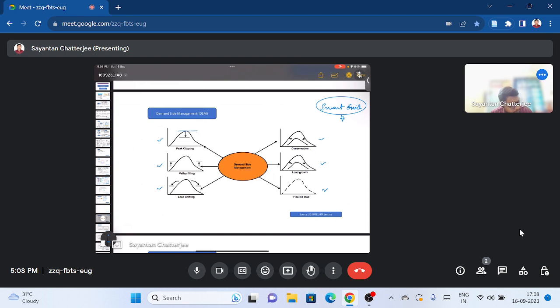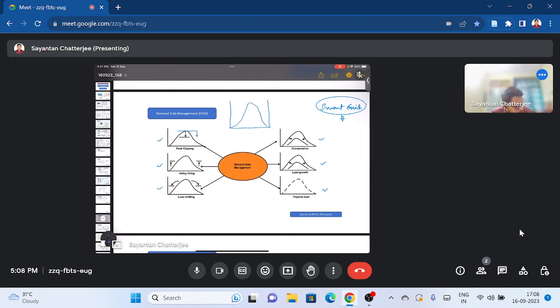If we can reduce the peak by this much amount, then the profile would become flatter.